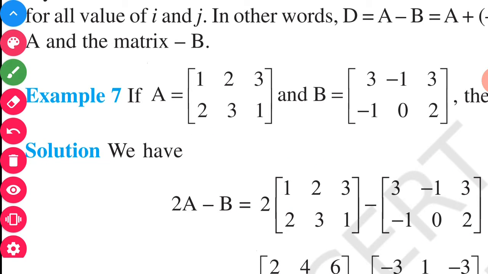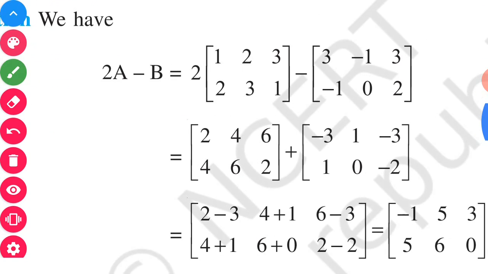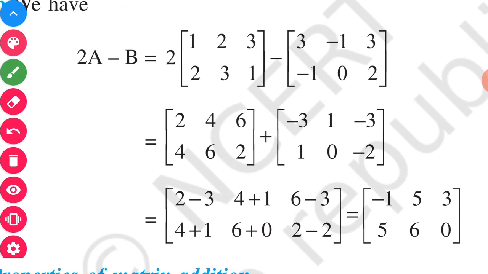Okay, so when we multiply by 2, what have we discussed? Each element here will be multiplied by 2. So it becomes 2, next is 4, then 6, then again 2 into 2 is 4, 2 into 3 is 6, and 2 into 1 is 2.